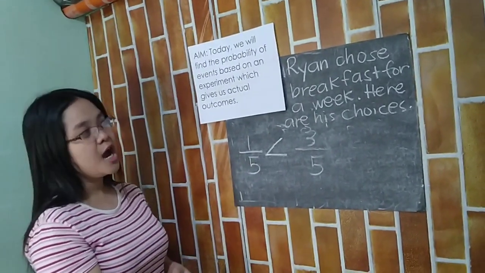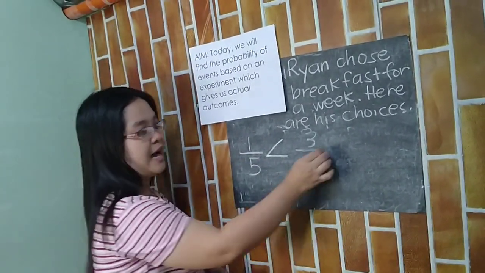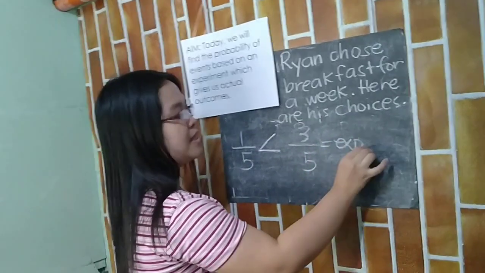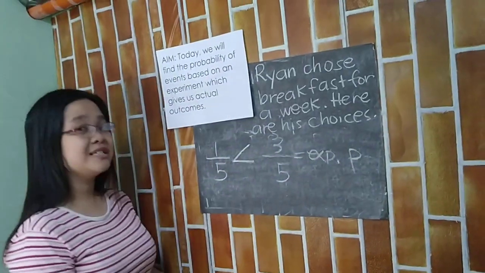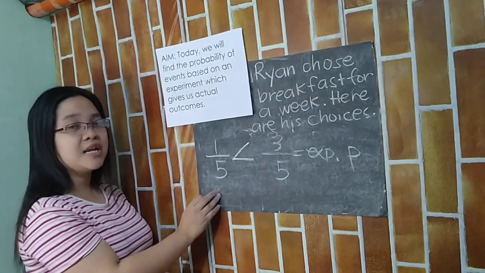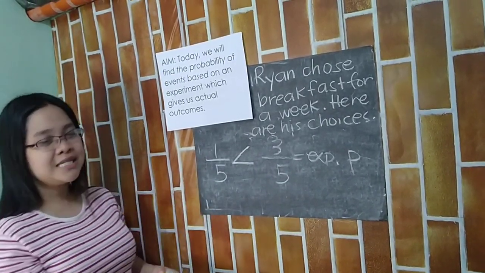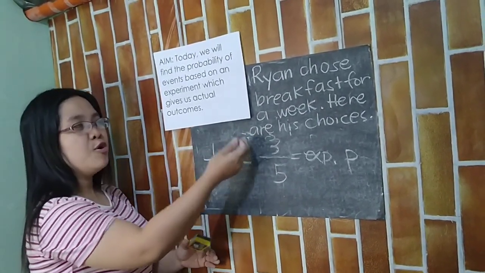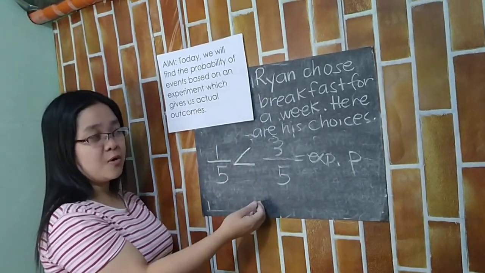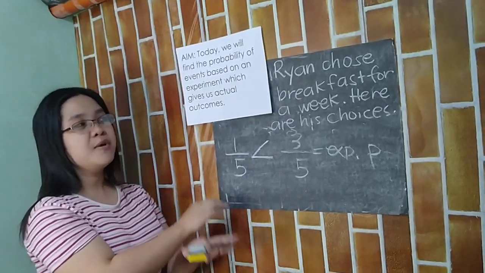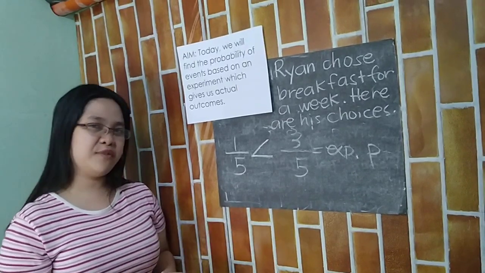Therefore, looking at this data, the experimental probability is greater than the theoretical probability of how many times a milk toast can be picked from his choice of breakfast.